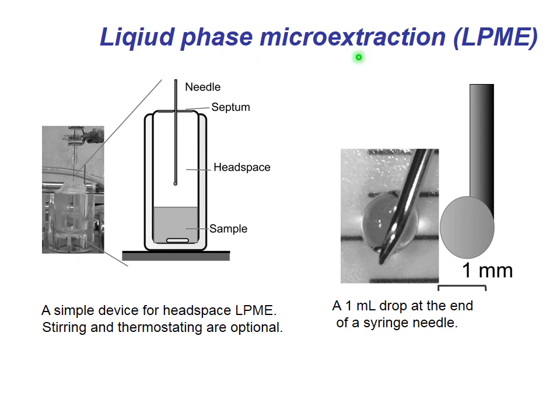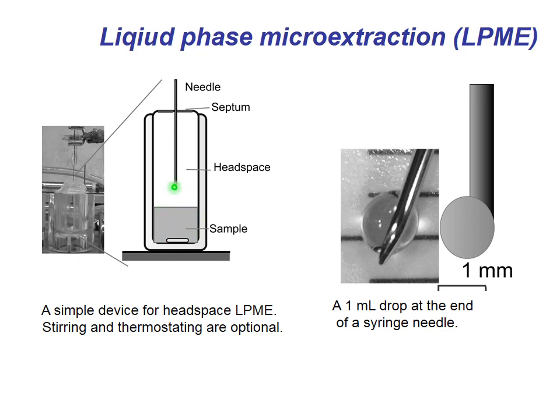Another more sophisticated way, specifically for gas chromatography, is to put a microdrop, say 1 millimeter radius, at the end of the needle in a headspace. So alcohol doesn't want to stay in air, as you have seen, but it will be forced from starting source phase into the droplet by addition of salting out agent.